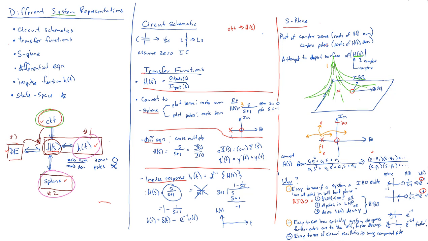They say different things, right? H of T tells about what the system does intuitively in the time domain, and the S-plane says what the system is doing intuitively in the frequency domain. But you definitely need to feel comfortable with S-planes. So if you've got any questions about them, now's the time to ask.